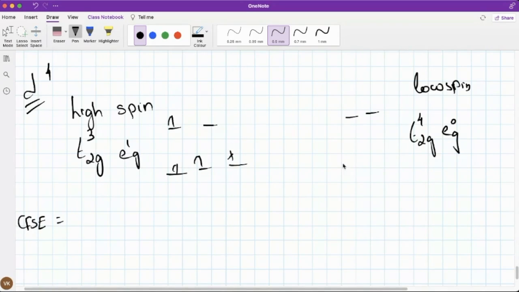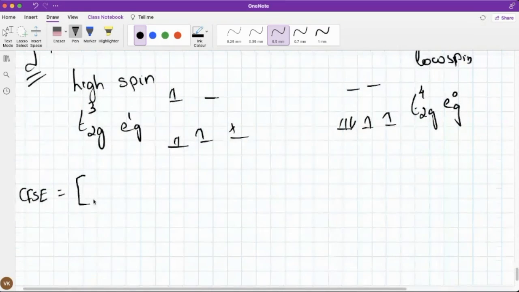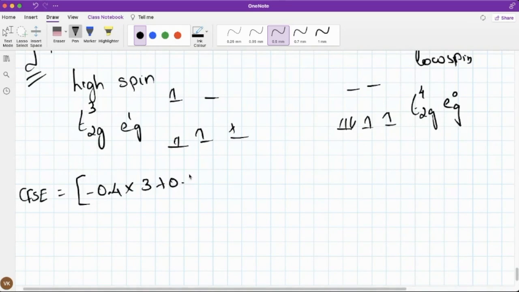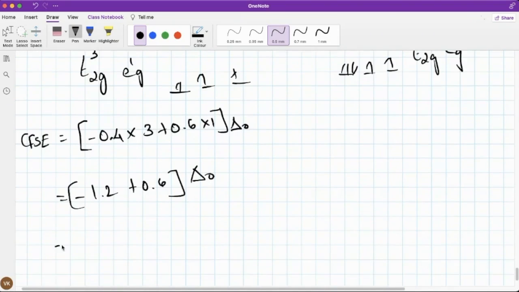In this high spin case, CFSE is minus 0.4 into 3 plus 0.6 into 1, times delta naught. That is minus 1.2 plus 0.6 delta naught, which is equal to minus 0.6 delta naught.